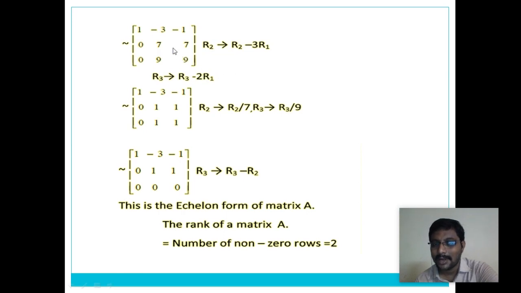We need zeros below the principal diagonal, then it is easy to reduce the matrix into row echelon form. So making zeros and dividing by these numbers, we have ones here. Then subtracting R2 from R3, the last row is zero, the number of non-zero rows is 2 here, and the rank is 2.